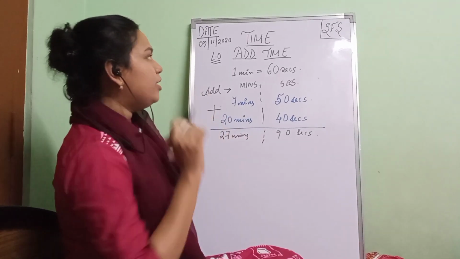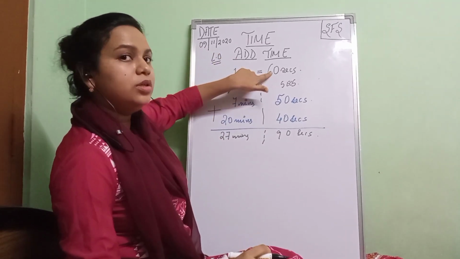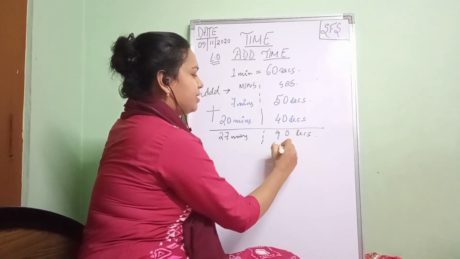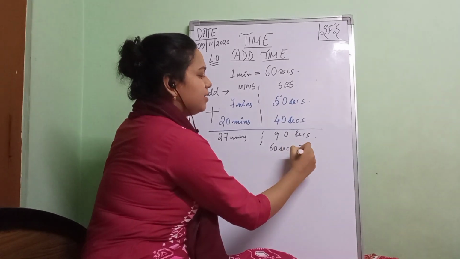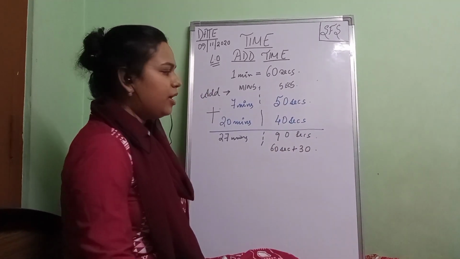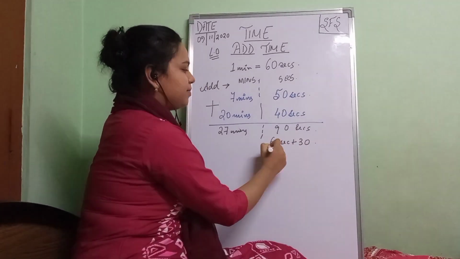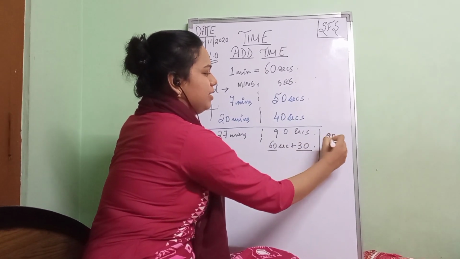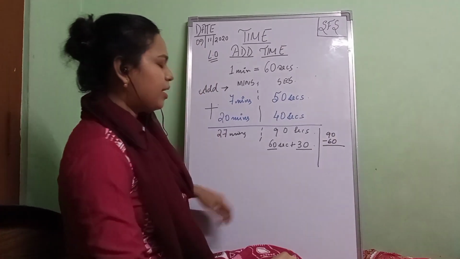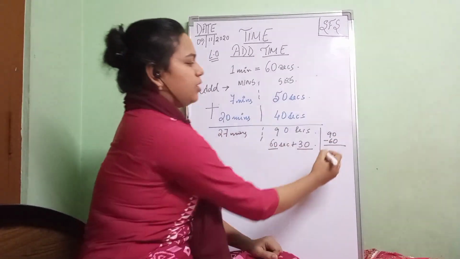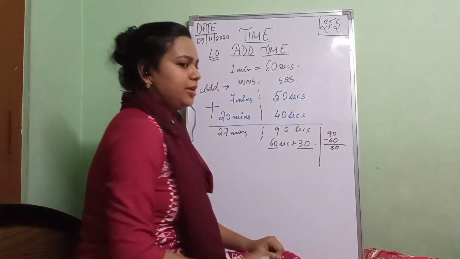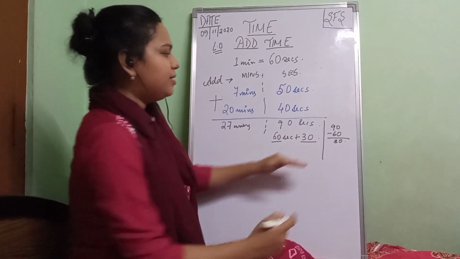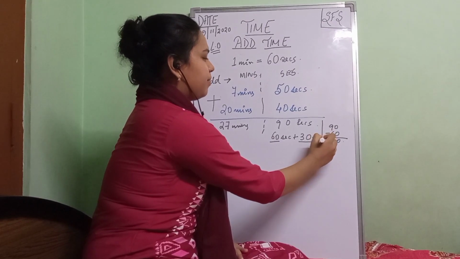Now again, we know that 1 minute is equal to 60 seconds. 90 can be written as 60 seconds plus 30 seconds, right, children? You can also find this 30 by subtracting 90 minus 60. Okay? If you subtract 60 from 90, what do you get? You get 30. And that is also how you can write that. Okay, 60 seconds plus 30 seconds.